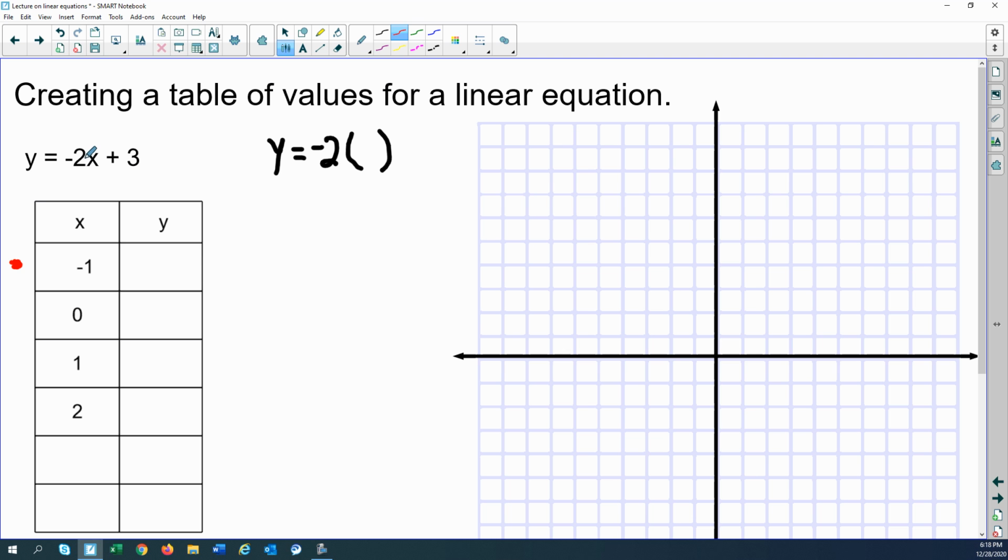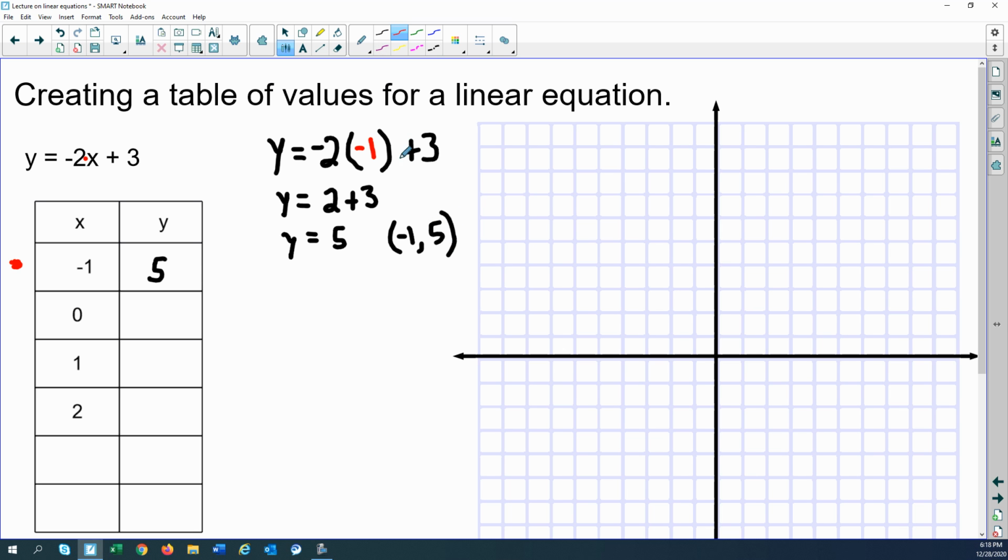Remember, when a variable and a number are right next to each other, they're being multiplied, plus 3. We're just going to simplify here to get our answer. So -2 times -1 is 2, plus 3, so y equals 5. This is our first ordered pair that will be on our line, (-1, 5).